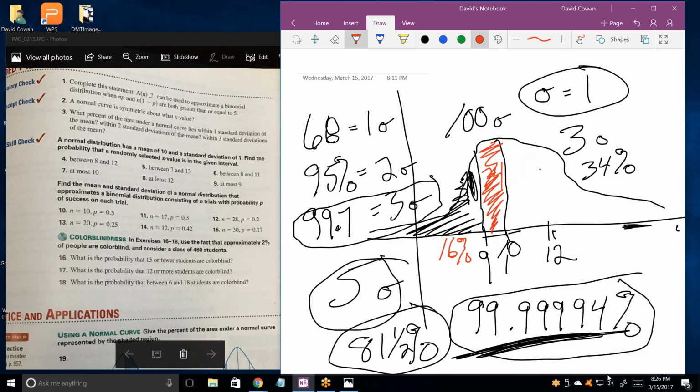Because this is half of 68, so that's 34. 34 plus 50 is 84. So everywhere in red is 84% of the area under the curve. That only leaves 16% over here. So that was 2 through 9.